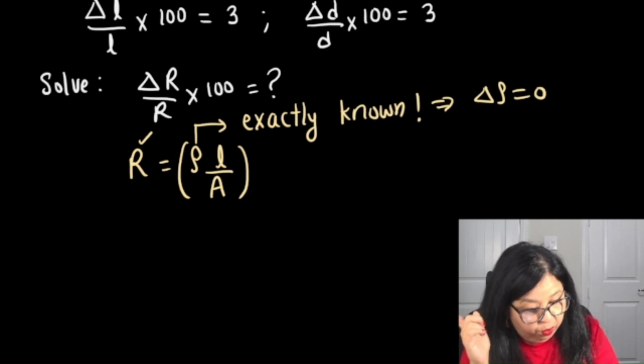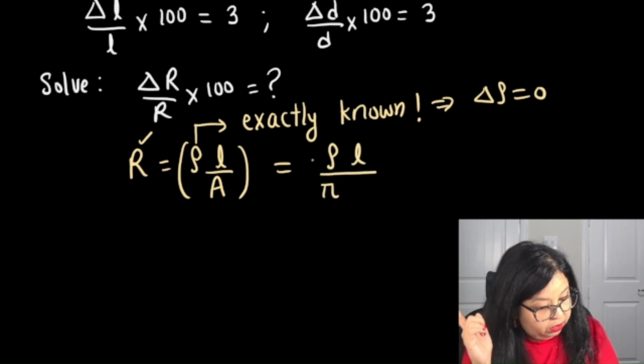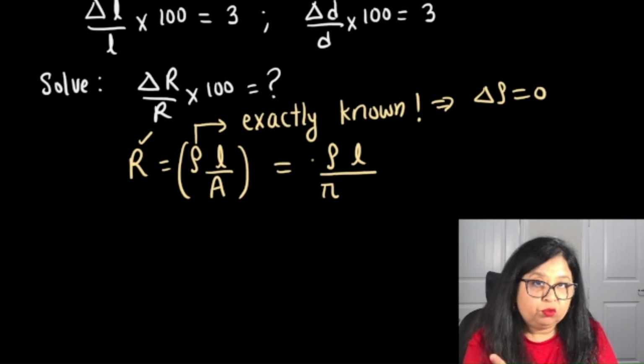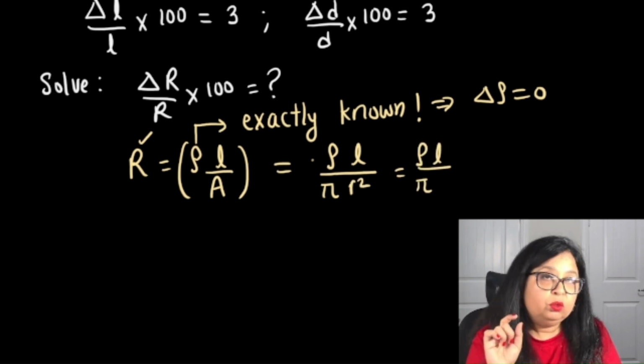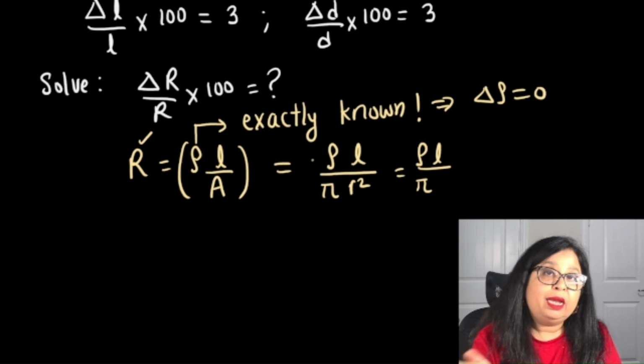But before we do that, let's write this equation as rho L divided by the cross-sectional area A of the wire, which is pi times R squared. We're not given the percentage error in R, the radius, but we are given the percentage error in the diameter.